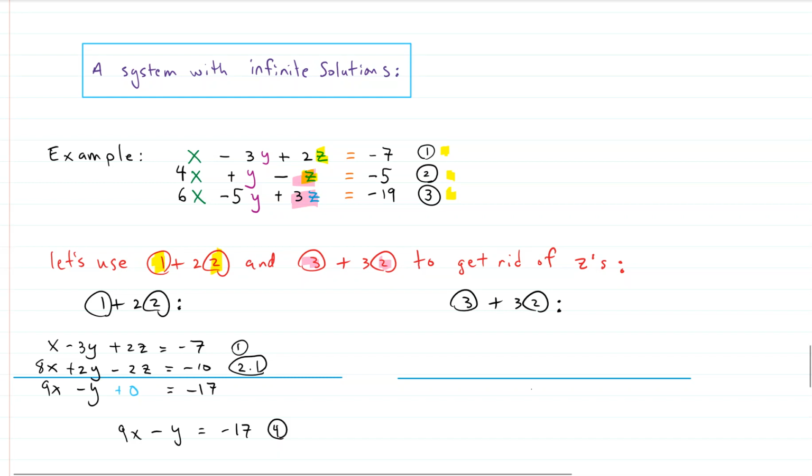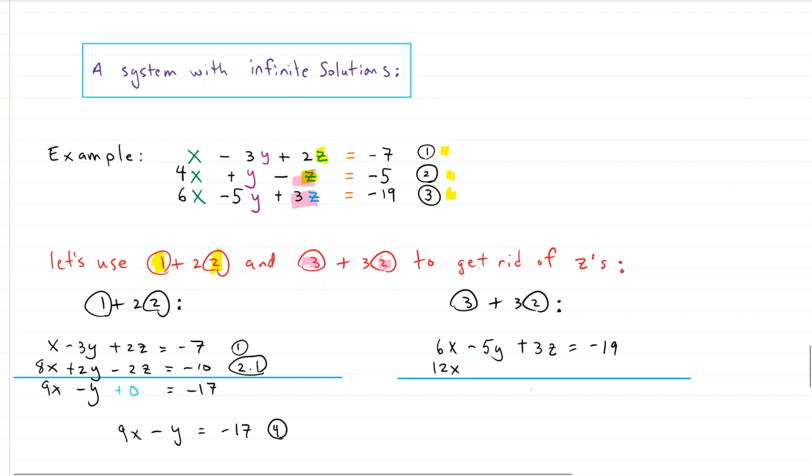So let's do that. So equation 3 then is 6x minus 5y plus 3z equals negative 19.